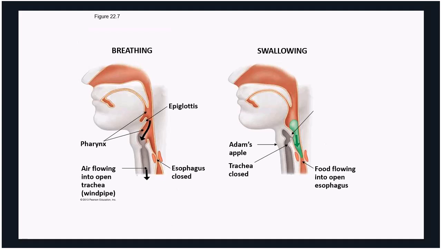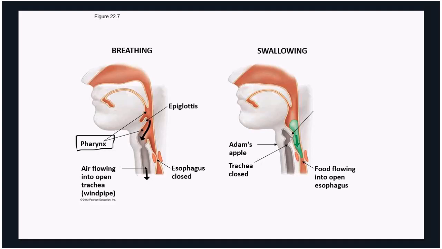So breathing and swallowing. Here's an important piece. After you swallow a piece of apple, for example, when it meets this pharynx right here, this crossroads that I talked about, why doesn't the apple just keep on traveling right down your windpipe into your lungs?